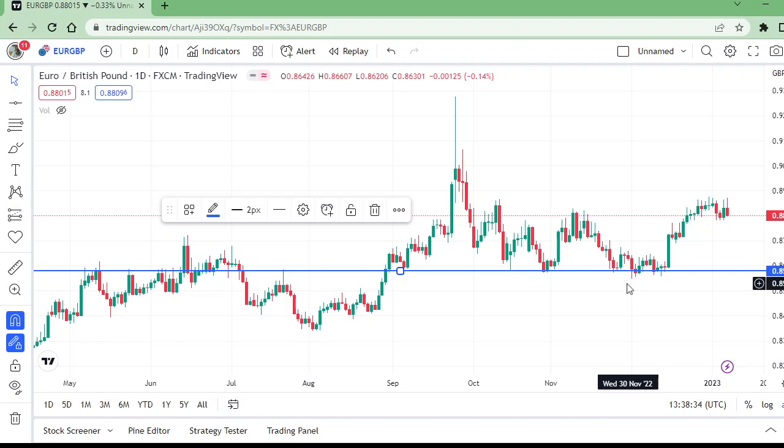Why? There are two reasons. First reason is that this level is broken here, but also this pair has broken to the upward. If it would have been coming down from this high that would have been lower than this high, then this breakout was more valid.